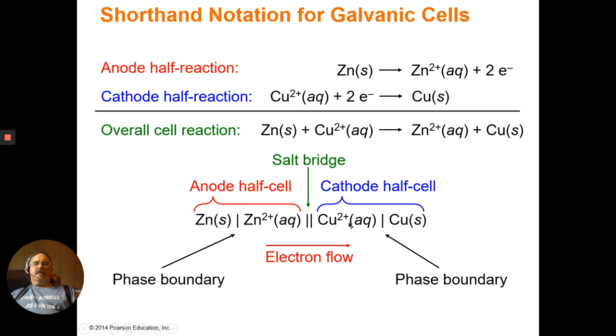Then we have copper 2 solution, another phase boundary, and then we have the copper cathode. If we have two species in the anode or the cathode that are in the same phase, we'll come across an example where we have iron 2 aqueous and iron 3 aqueous. In that case, since they're in the same phase, we won't separate them with a vertical line, but instead we'll separate them with a comma.